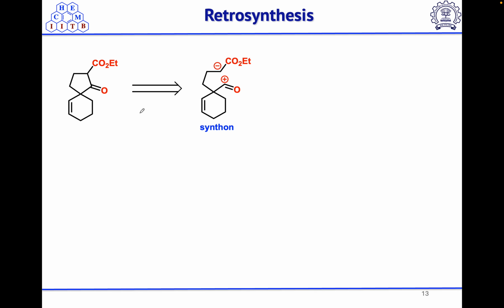First move, okay. So we can think about this CC1 disconnection, okay. This CC1 disconnection will lead to these syntons, okay. This side is the donor synton, this side is the acceptor synton, okay. So what will be the synthetic equivalent for these syntons? Just write down the synthetic equivalent or think in mind, then I'll show you.